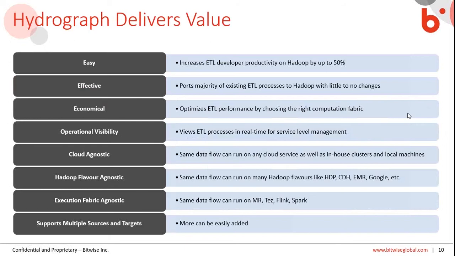We used Cascading to start with. We're going to be using Spark next. 2 years, 3 years down the road, if Flink becomes the best compute layer, or something else comes out, you never have to recode your ETL to adopt to a new compute fabric. So that is the biggest benefit over here.